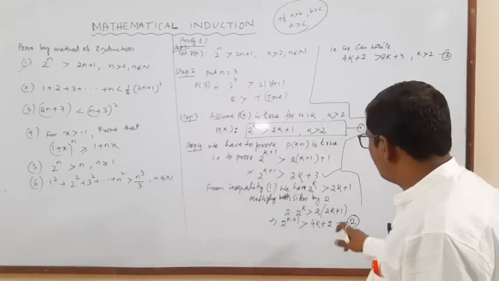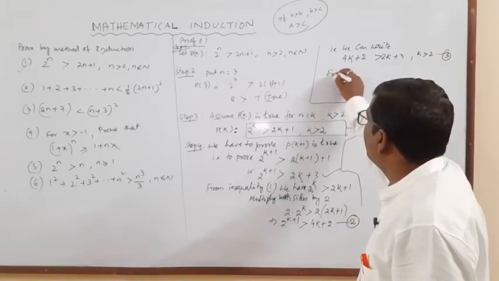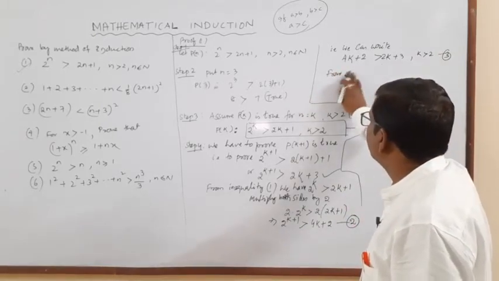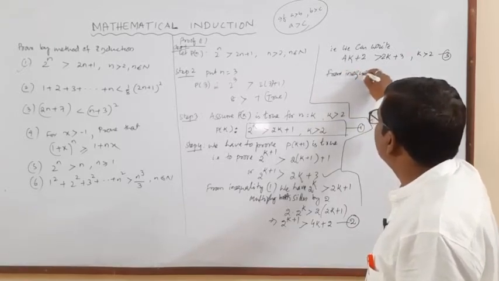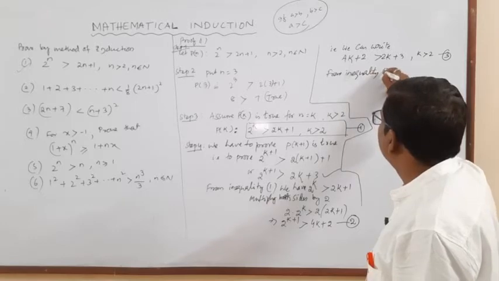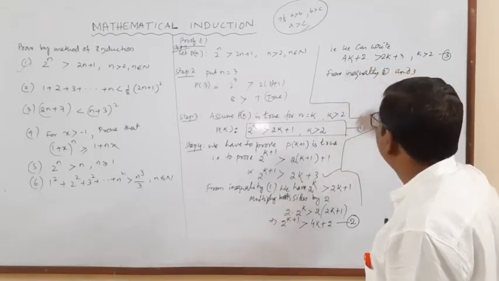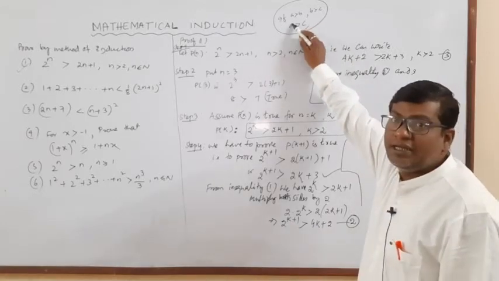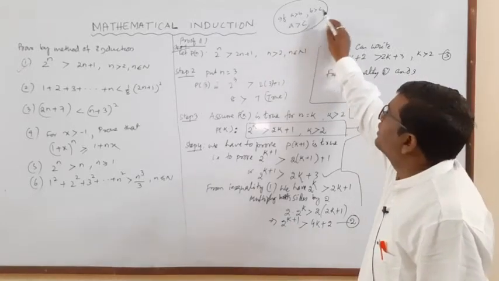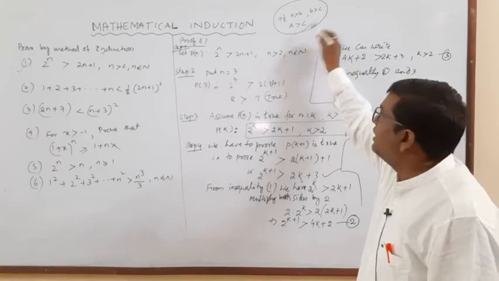From inequality 2 and 3, we apply this concept: a greater than b, b greater than c implies a greater than c.